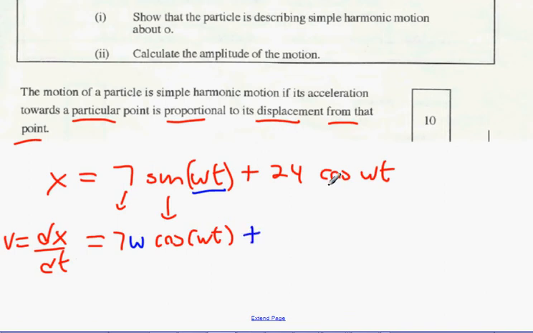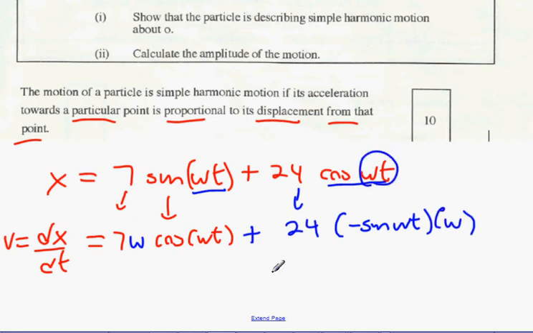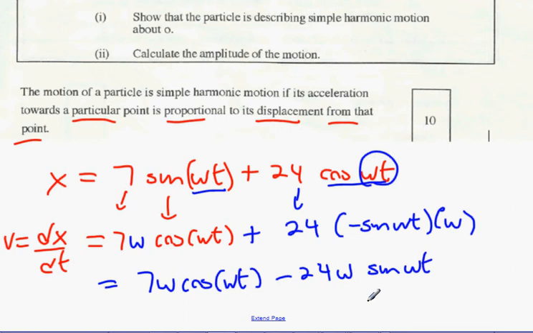Next one, the cos turns directly into a minus sine omega t. The 24 travels down undisturbed, differentiate the angle, and we get omega. And that's going to get me 7 omega cos omega t minus 24 omega sine omega t.